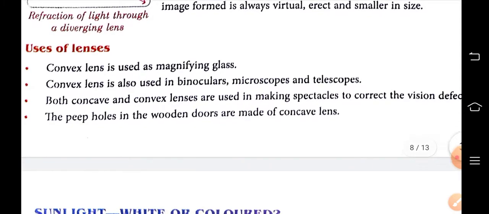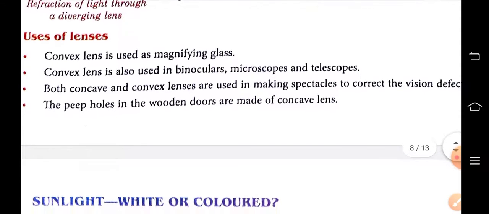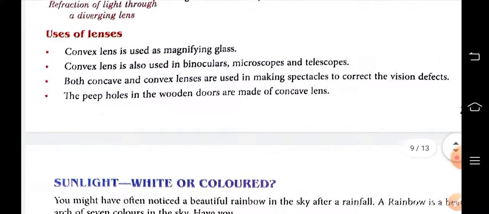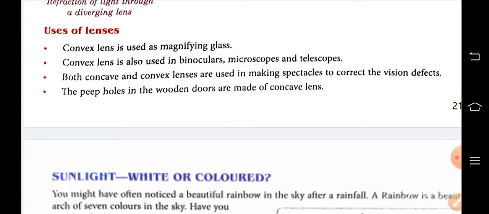Binoculars, दूरबीन में ये यूज होता है, दूरबीन माइक्रोस्कोप्स में to see very small objects by enlarging them, and in telescopes. Both concave and convex lenses are used in making spectacles to correct the vision defects.